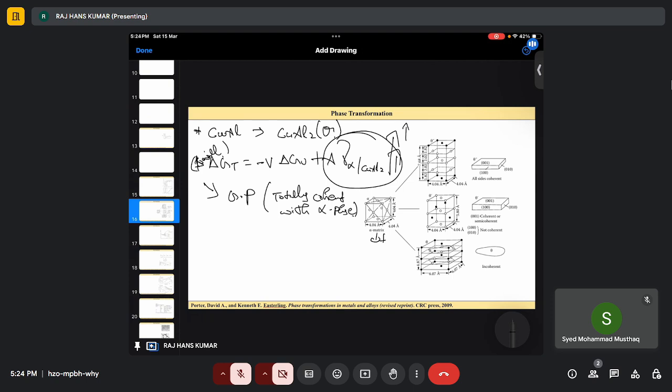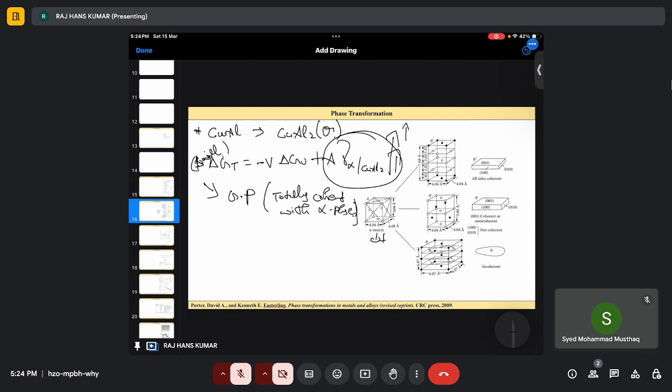So after that, first it will form GP zones, or Guinier-Preston zones. And how do they look? More or less, they look like 2 to 3 atomic layers of copper introduced in aluminum.